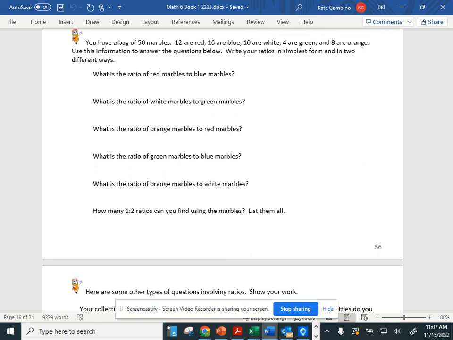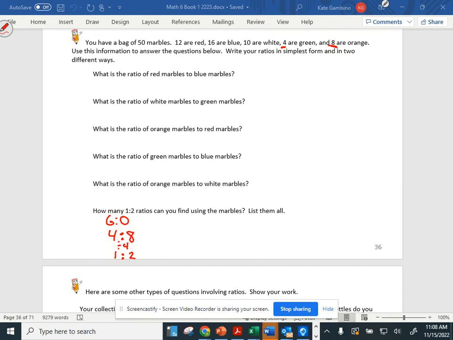I see a couple already. Tell me one way, Isabel. If we did green to orange, that would be 4 to 8, because there are 4 green and 8 orange. If we simplified that and divided out our 4, we get that 1 to 2.